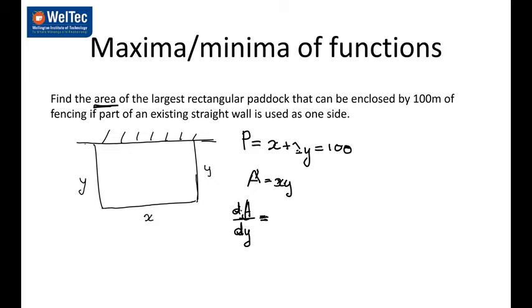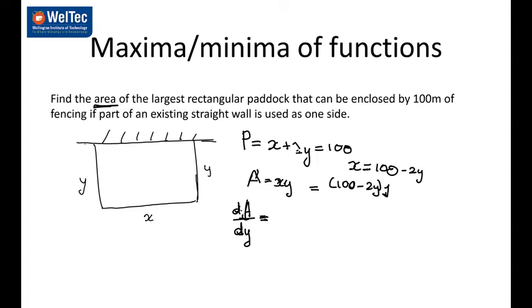So what we need to do is say that actually x is equal to 100 minus 2y. So now we've got an area statement that says 100 minus 2y times y. And now we're able to differentiate that.